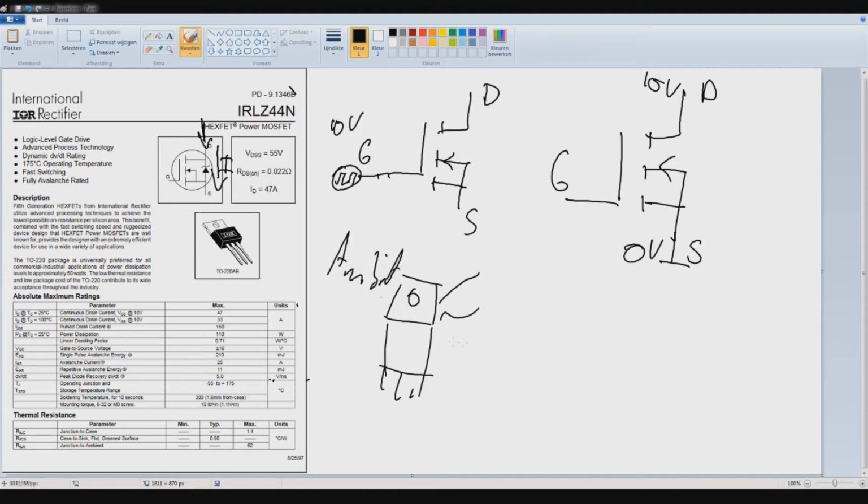And this is the MOSFET radiating. So it's basically how the junction to ambient temperature rises per dissipated power in watts. But usually it doesn't really matter, because most of the time you'll look at these two.